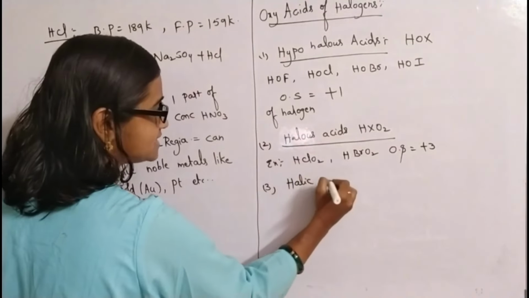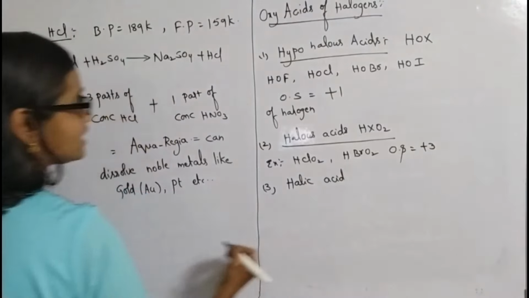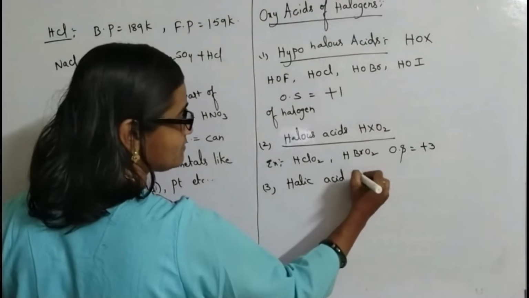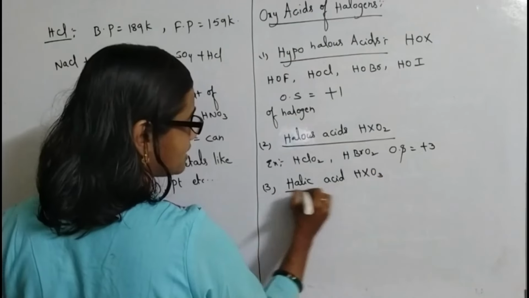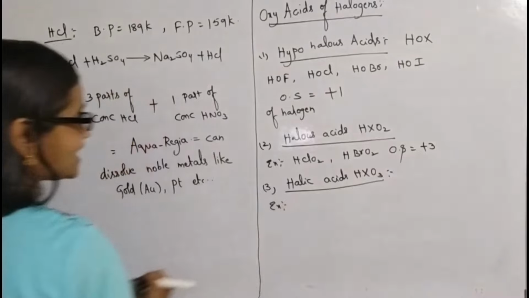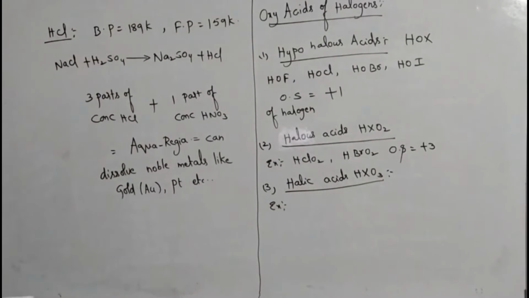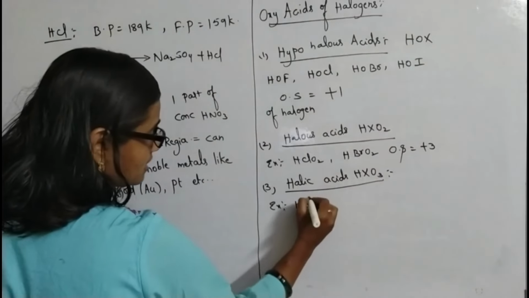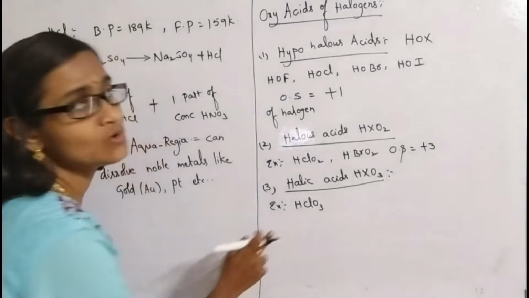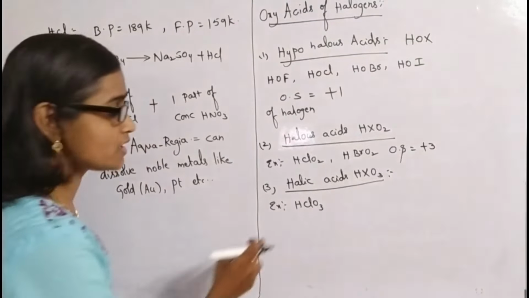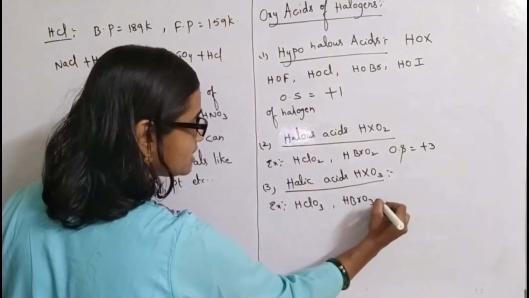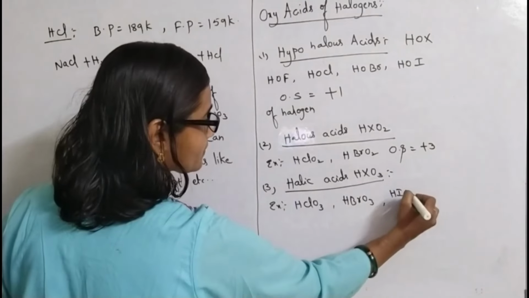Halic acids have the general formula HXO3. Examples are HClO3, chloric acid, HBrO3, and HIO3.